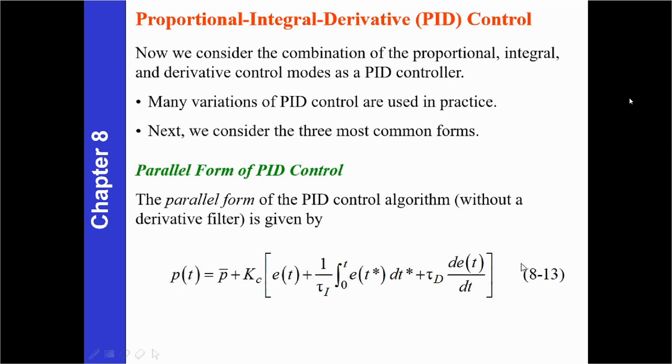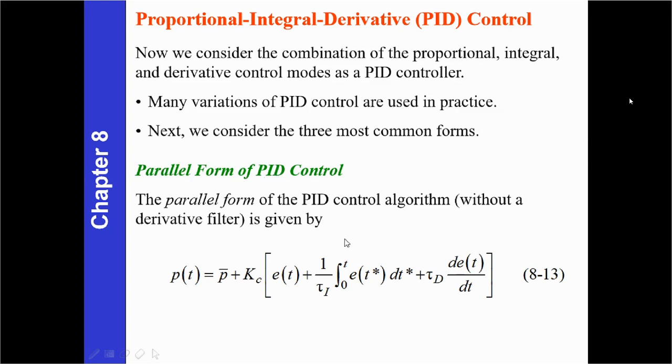If we combine all three, the proportional, integral, and derivative control modes, as a PID controller, there are many variations of PID control used effectively, but we consider the three most common forms. The first one is the parallel form of PID control.